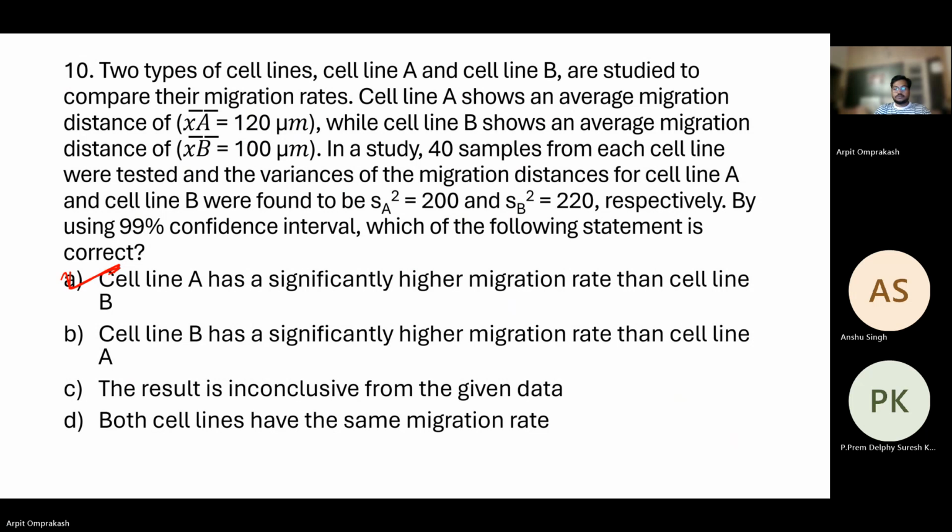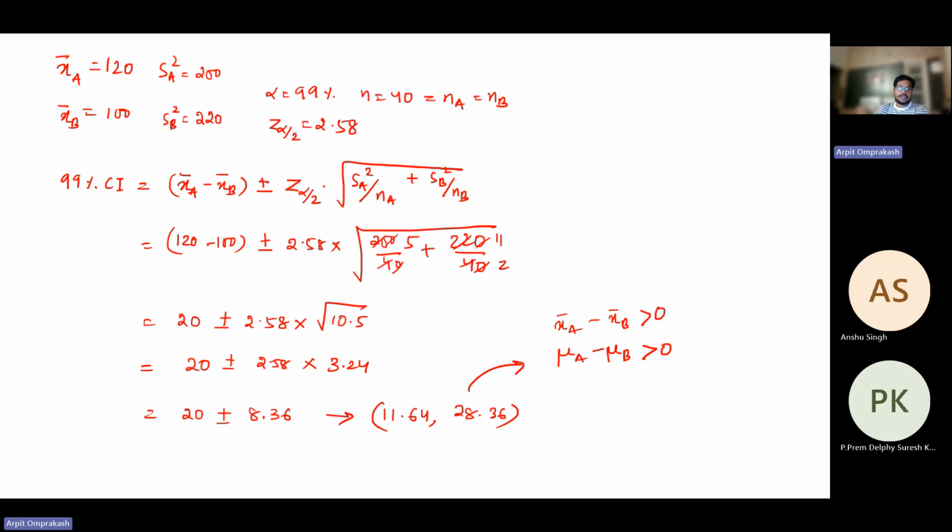Now, if you have questions like this, use this formula and calculate a range. If that range always falls on the higher side, that means the mean of the first population, XA here, is always greater than the mean of XB.